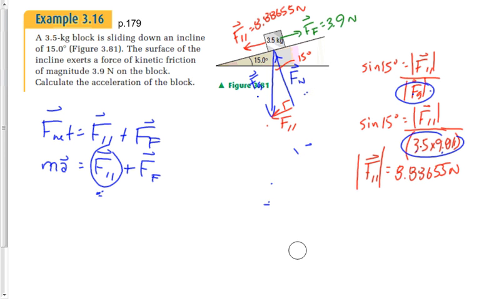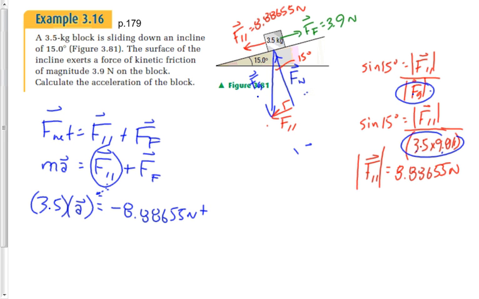Carrie, is that what you're going to say for F parallel there? They gave it to me though in the question, right? Good. All right, mass is 3.5 kilograms. The acceleration is what we're looking for here. F parallel, we're going to make it negative 8.88655 because it's down the hill.